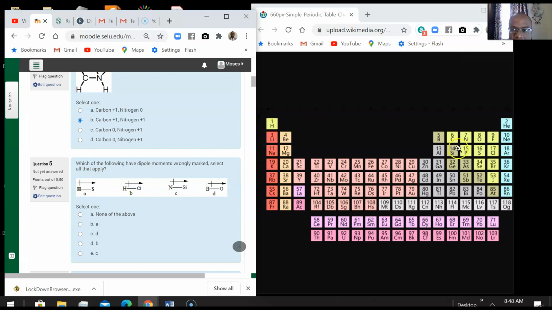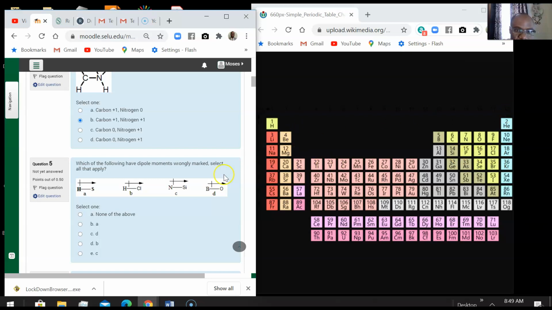So hydrogen and sulfur, sulfur is to the right, A is correct. Hydrogen and chlorine, chlorine is to the right of hydrogen. That's correct. Nitrogen and sulfur. Which one is more electronegative?